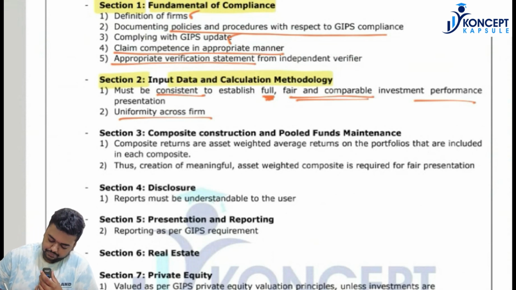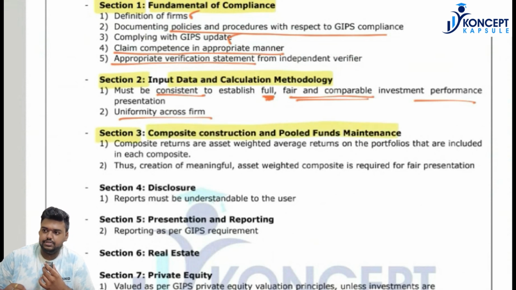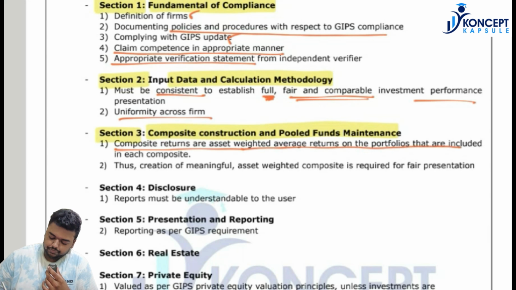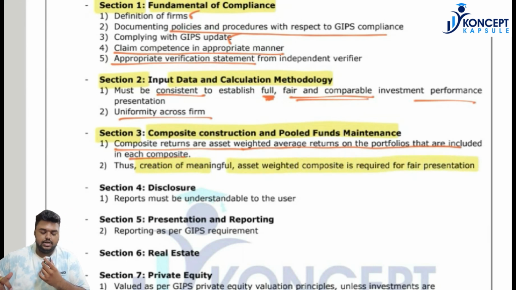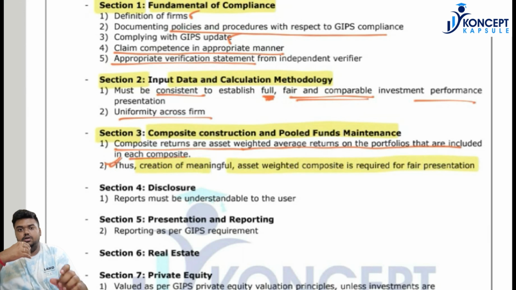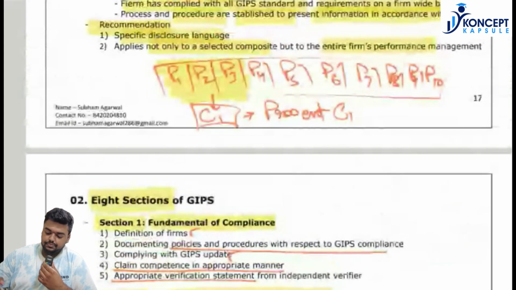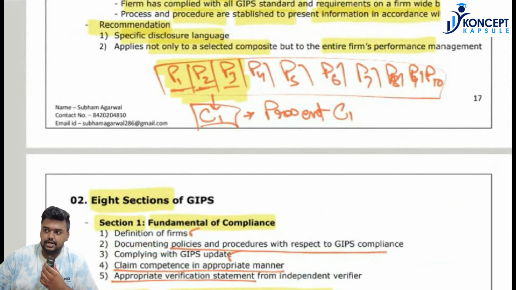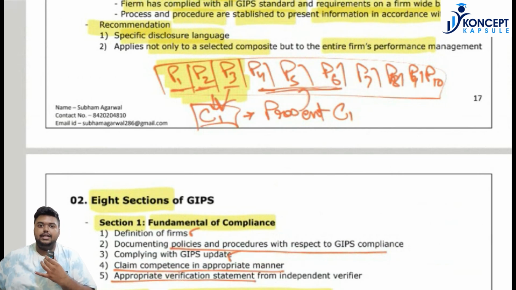The third is composite construction and pooled funds. Composite returns are asset-weighted returns on the portfolios that are included in each composite. Creation of a meaningful asset-weighted composite is required. So what does it say? It says that when you are creating the composite for which you will be doing the performance presentation, you need to be very mindful, and you need to ensure that all the similar portfolios are clubbed together and all the dissimilar portfolios are separated.